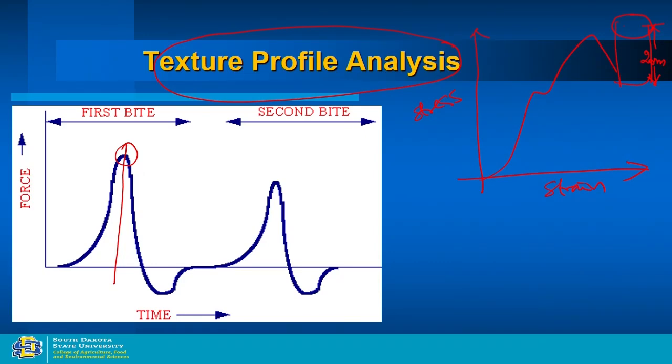If she gives me sample S1 and S2, where S1 is higher and S2 is lower, she will give me the same information. She will say S1 is harder, S2 is softer. That's all she can tell me.